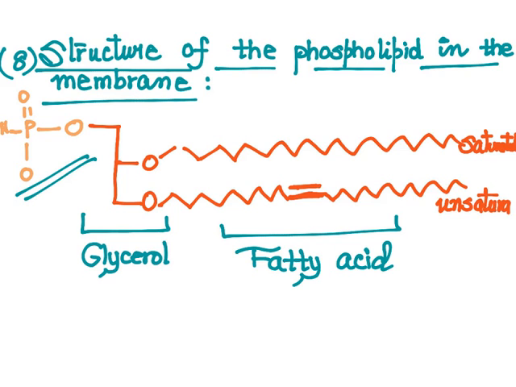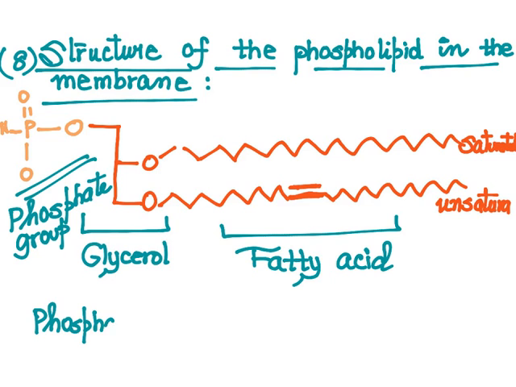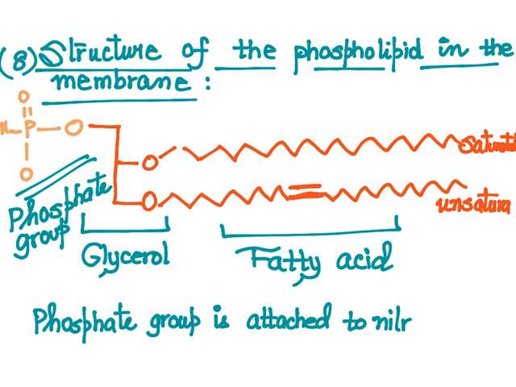And this piece is actually your phosphate group. Now the phosphate group is also attached to a nitrogen atom, as I've shown you over here, along with 3 other methyl groups attached to it. So another important detail to remember, that the phosphate group is attached to a nitrogen atom, which is further attached to 3 methyl groups.